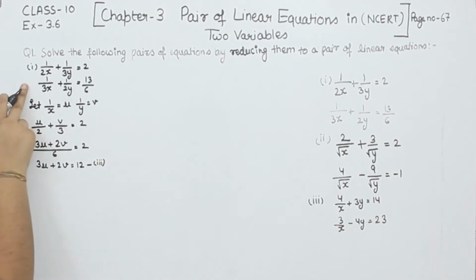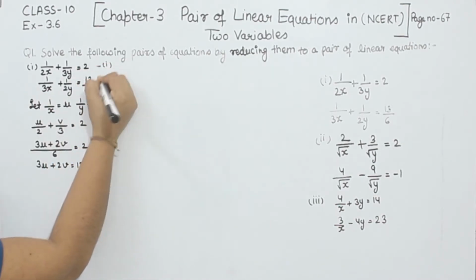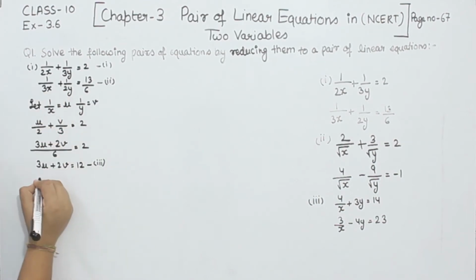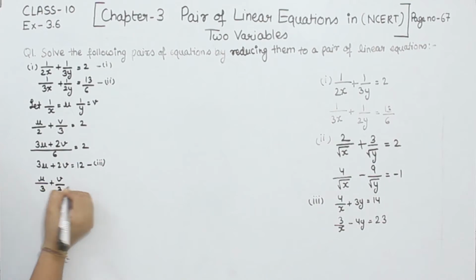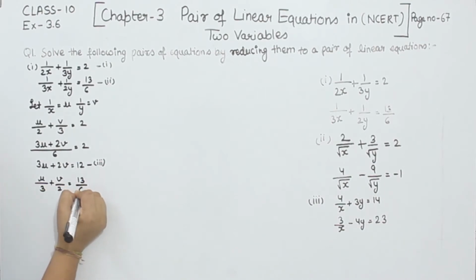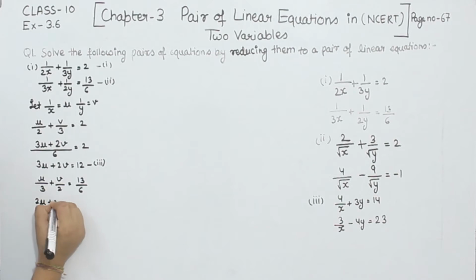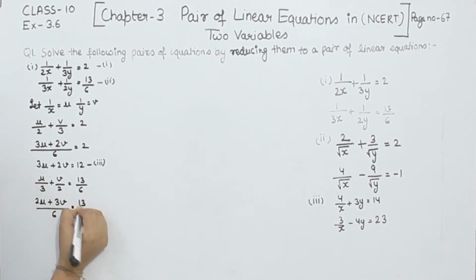Now comes equation number 2. This one is equation number 1. This is equation number 2. Now we are having u by 3 plus v by 2 is equal to 13 by 6. First of all, we have to cross multiply. So we are having 2u plus 3v and 3 times 2 is 6, and here we are having 13 by 6.